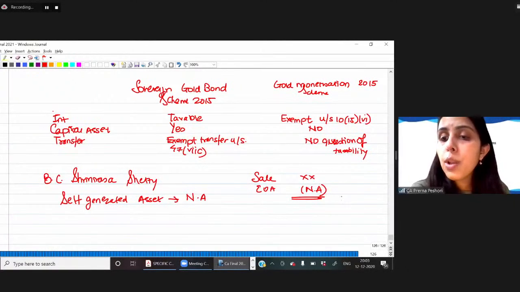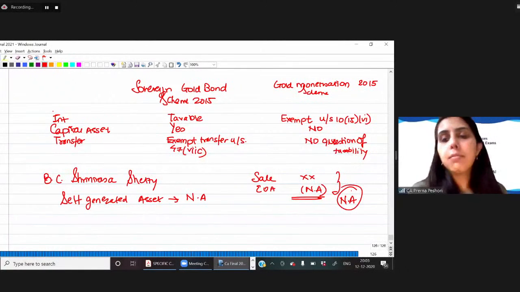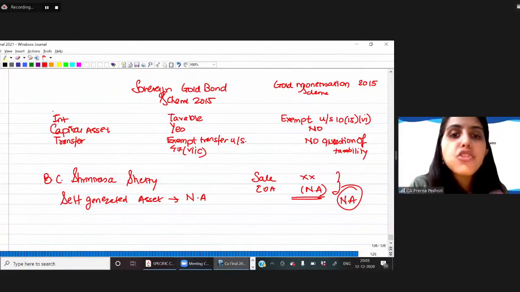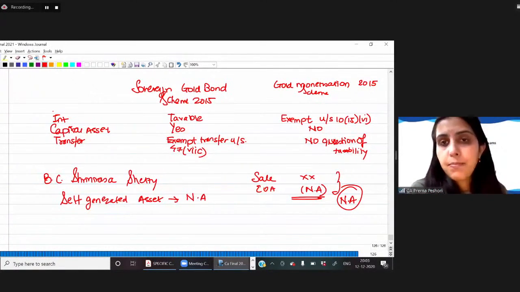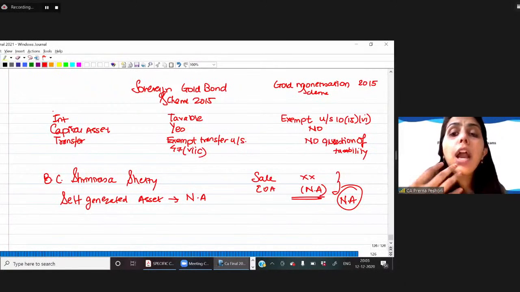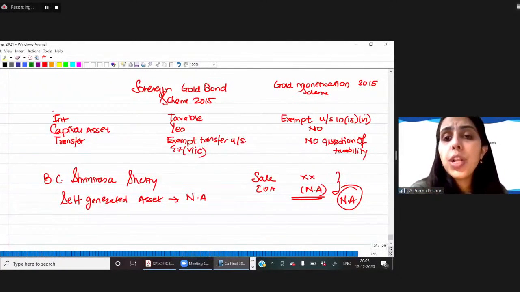So the result will be not applicable. When the computation mechanism itself fails, the charge cannot be created. Supreme Court accepted the contention of the assessee. It said that here you cannot compute the value of the goodwill. You have not paid any cost on it. There is no cost attached to it. So therefore, in the case of goodwill, the cost of acquisition shall be not applicable.